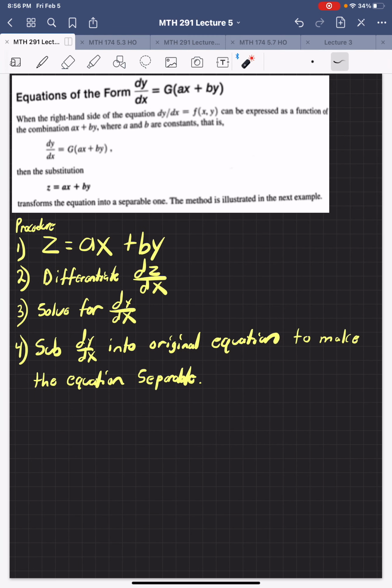So now, what we want to do, as long as the right side of the equation can be expressed in terms of ax plus by, I'll give you an example. So let's say you have dy dx is equal to, and I'm just going to make something up.